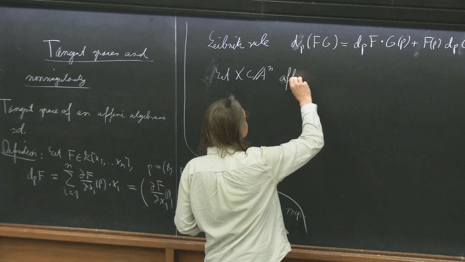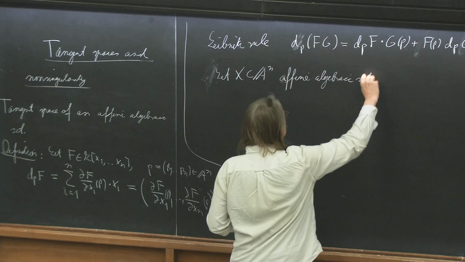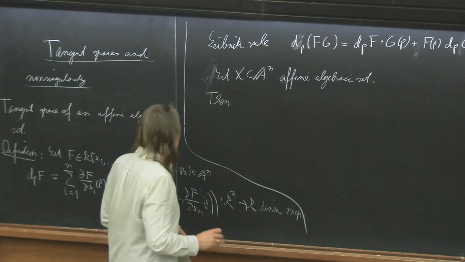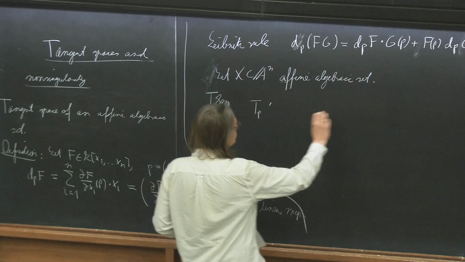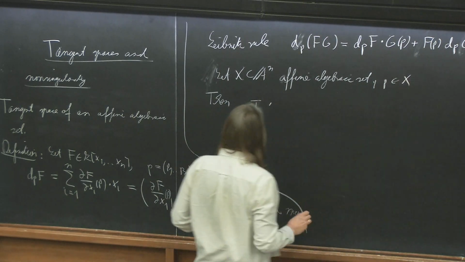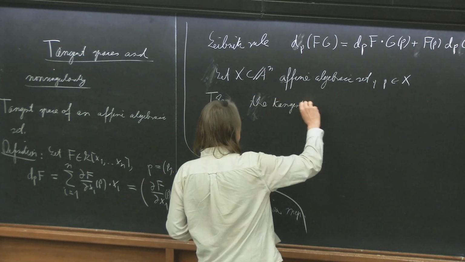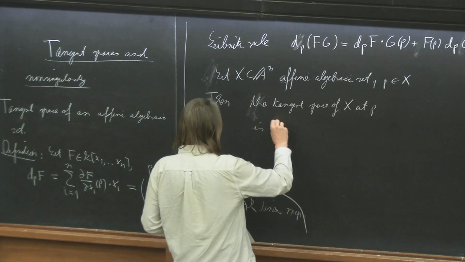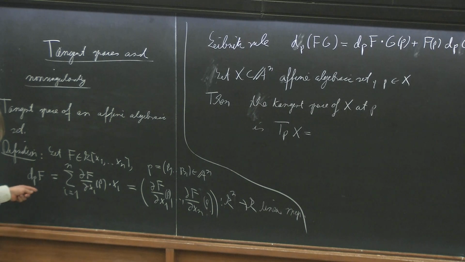Then for a point p in X, the tangent space of X at p is T_pX, which is just the zero set of all the differentials.